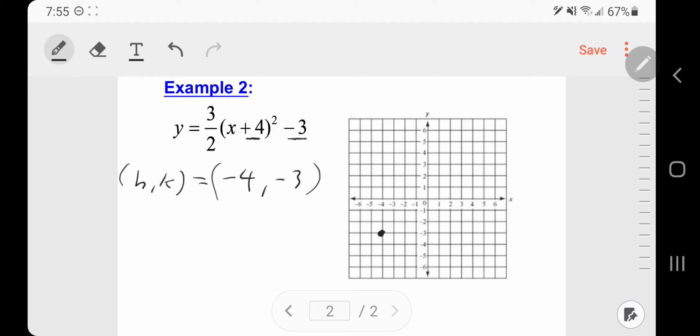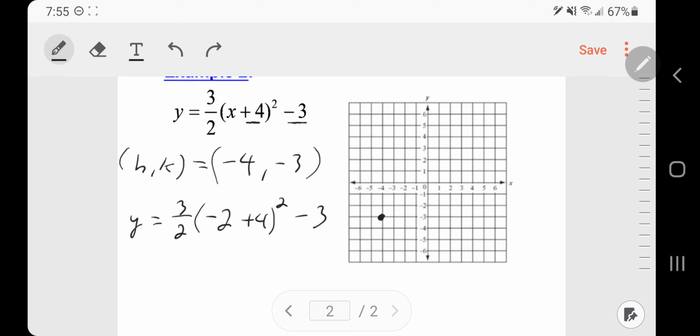And now we need to pick one more point, or an x value, and then solve for a y value. So let's go ahead and do that. We'll do y equals 3/2. And in this case, just to help with a fraction, I'm going to choose -2 so that our value is going to be divisible by this fraction here. Make it a little bit easier.